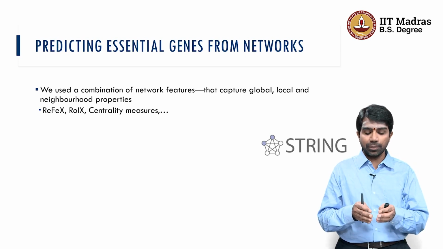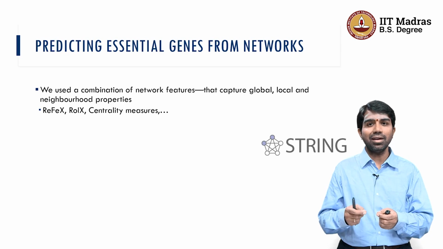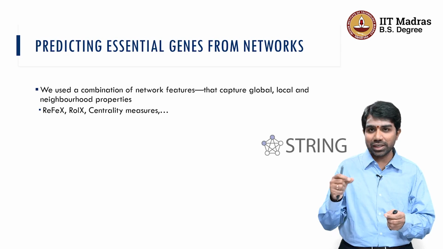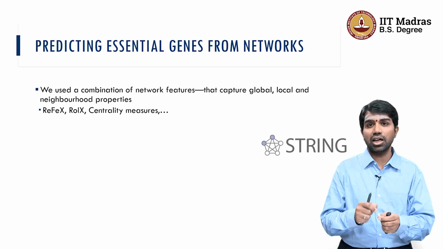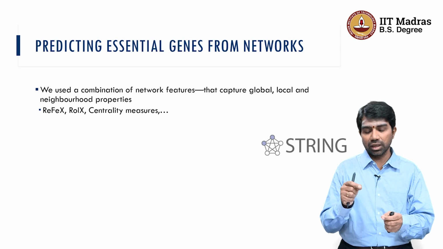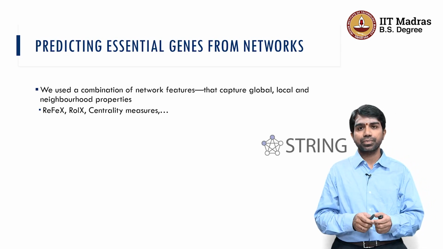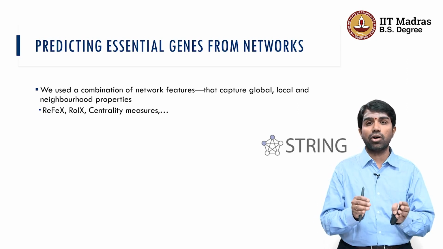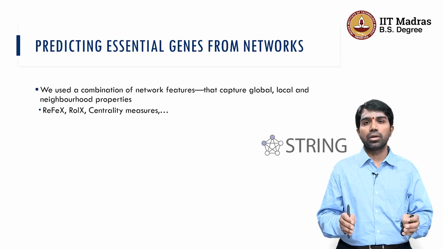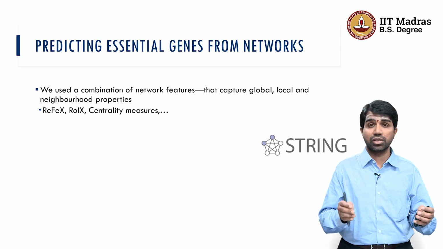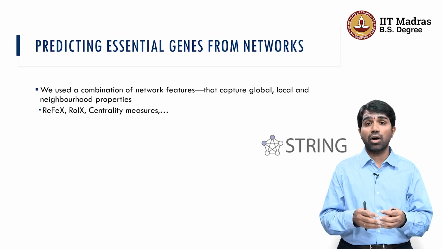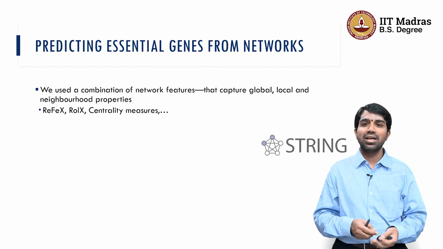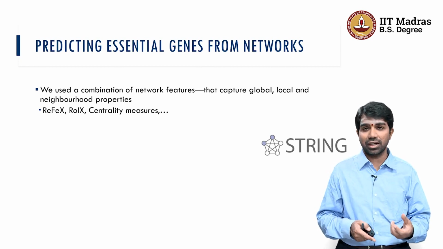But when you have alpha very high, you are basically looking at the immediate neighborhood, because with a very high probability, you will reset the random walk and restart from the starting node again and again. So these are ways to try and capture different aspects of a network by starting at a particular node. How much of the network are you seeing around this node, and what implication does it have for the structure of the network, navigability of the network, and in this case, can you use that to predict essential genes or important lethal proteins in a network and so on.